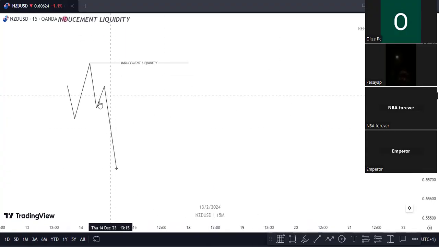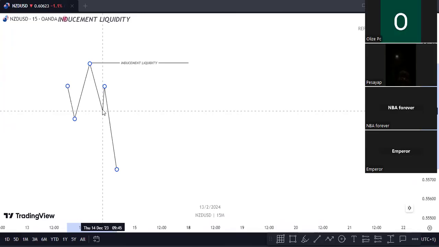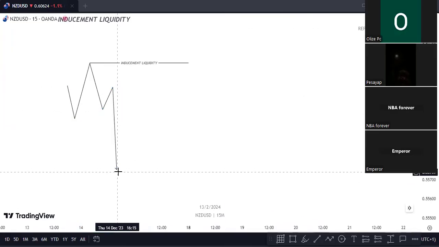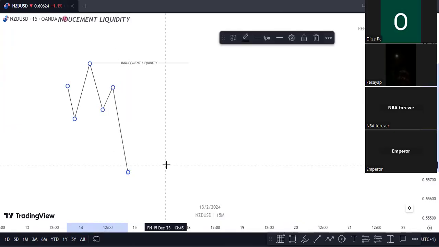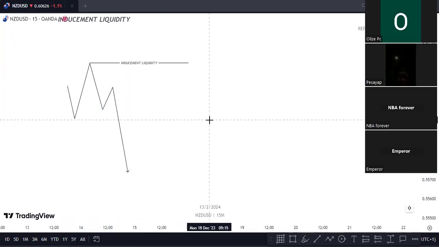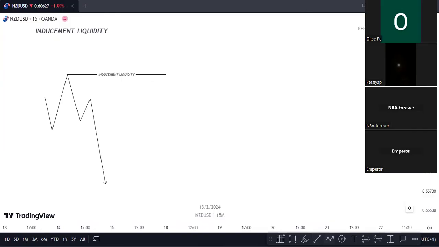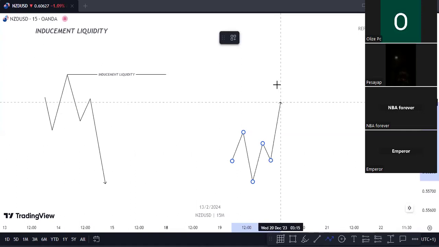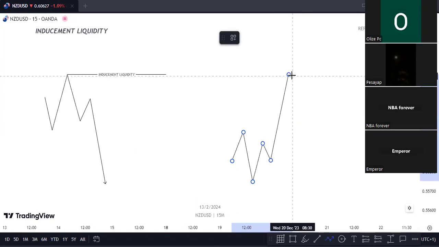And the structural liquidity is serving as a protection to our inducement liquidity. Is this clear? This is actually not complicated. I think liquidity is one of the simplest topics, because if you understand your market structure, liquidity just defines points.